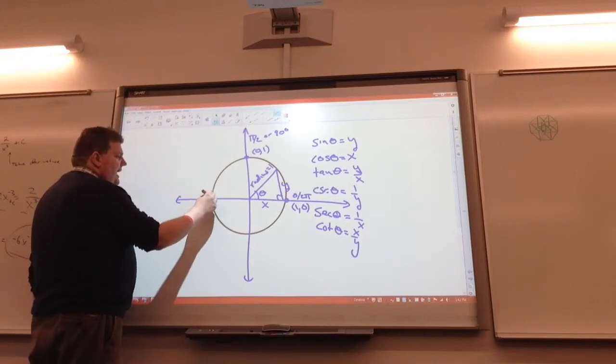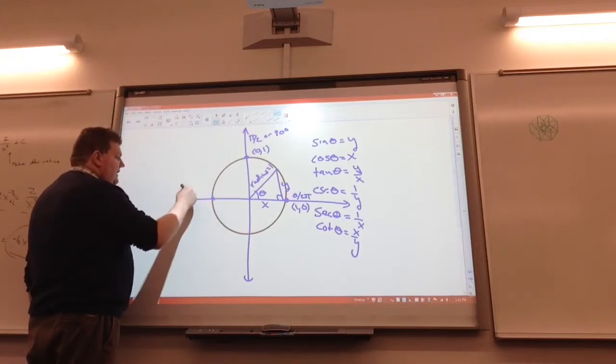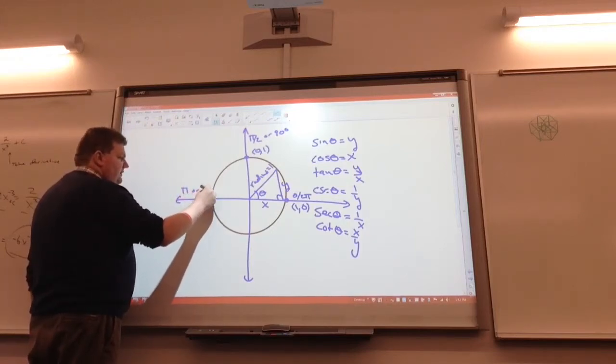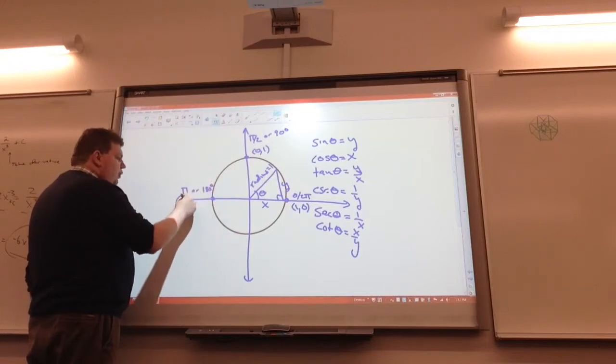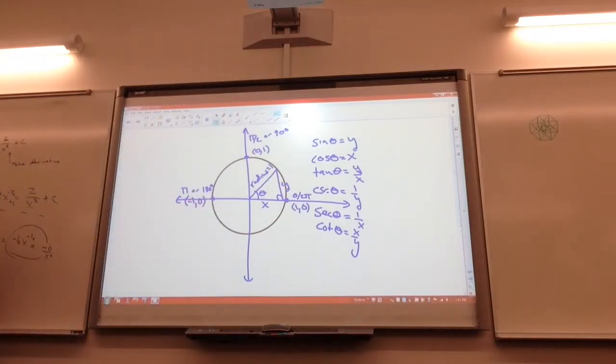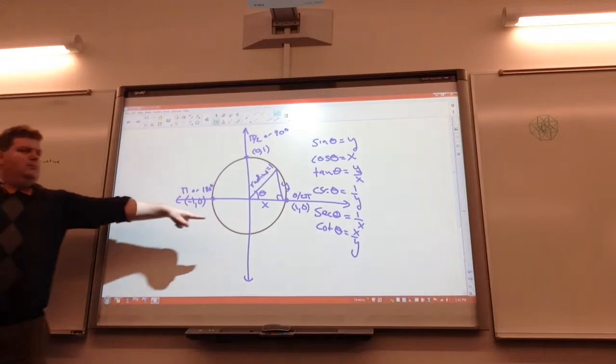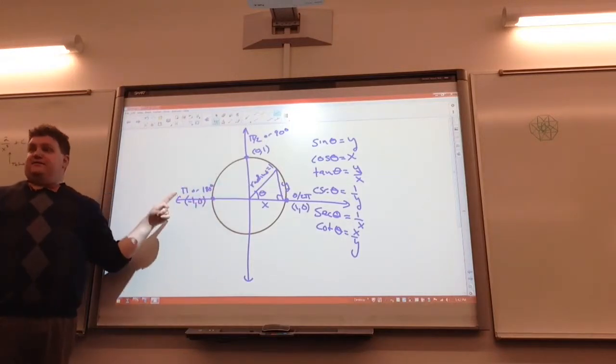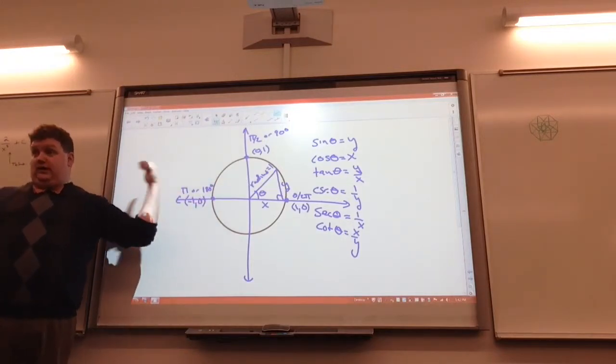Over here at this location, this would be pi or 180 degrees. My coordinates are going to be -1, 0 there, because my radius is now pointing in the negative x direction.